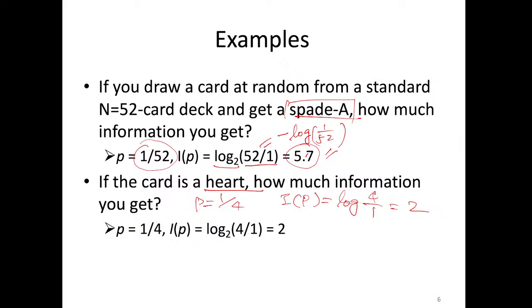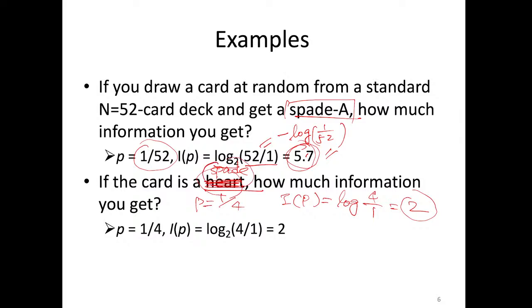So let's look at this 5.7 and 2 and think about it. Which gives you more information? If I tell you that the card is spade A, I give you more information. If I tell you it's heart, I give you less information, because heart is more likely to happen. Or maybe let me give you another example. Let's not say heart, let's say spade. Perhaps it's clearer. Again, the probability that you get a spade is 1 over 4.